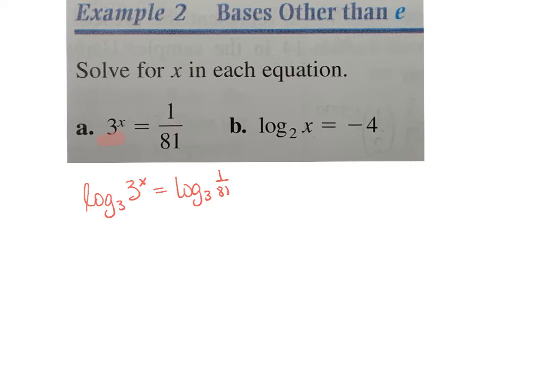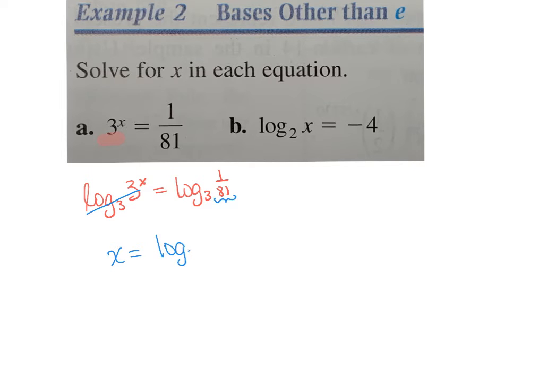All right. Now, in order to use this particular method, you have to recognize that 81 is a multiple of 3. All right. It is going to be a base 3 number. I can take 3 to a number and get 1 over 81. So on the left-hand side, my log base 3 cancels and I'm left with just x. On the right-hand side, I need to rewrite this 1 over 81 with a base 3.